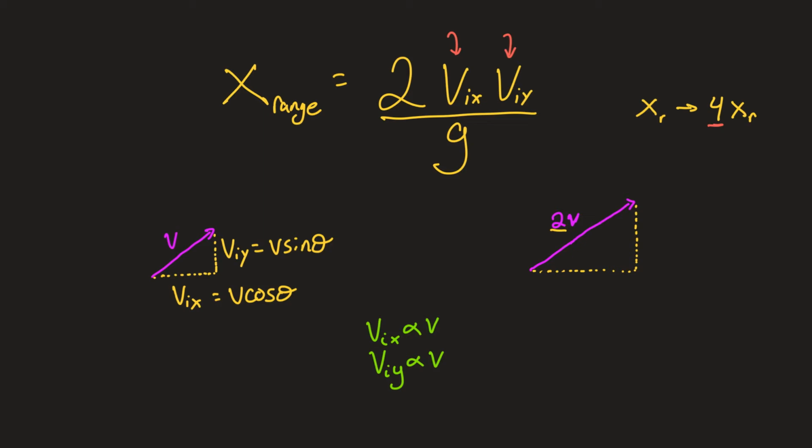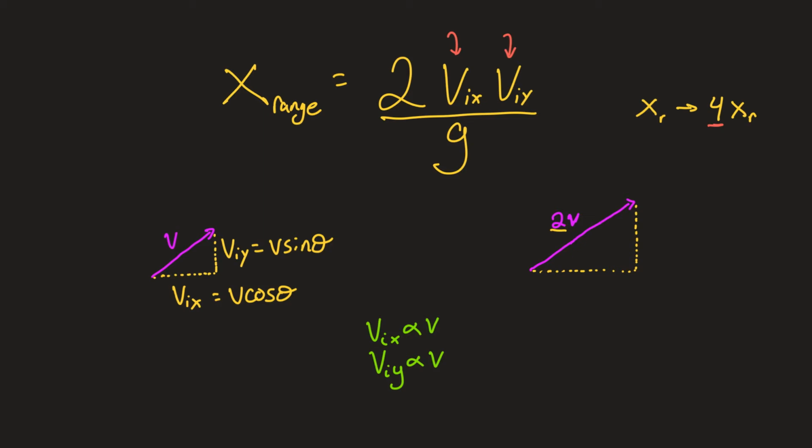Specific equation, extracting relationships, proportional reasoning. The process, we're doing it again here, except these formulas just come from trigonometry. So we can see that both initial horizontal and initial vertical velocity are directly proportional to launch speed, assuming we have obviously a constant angle of launch.